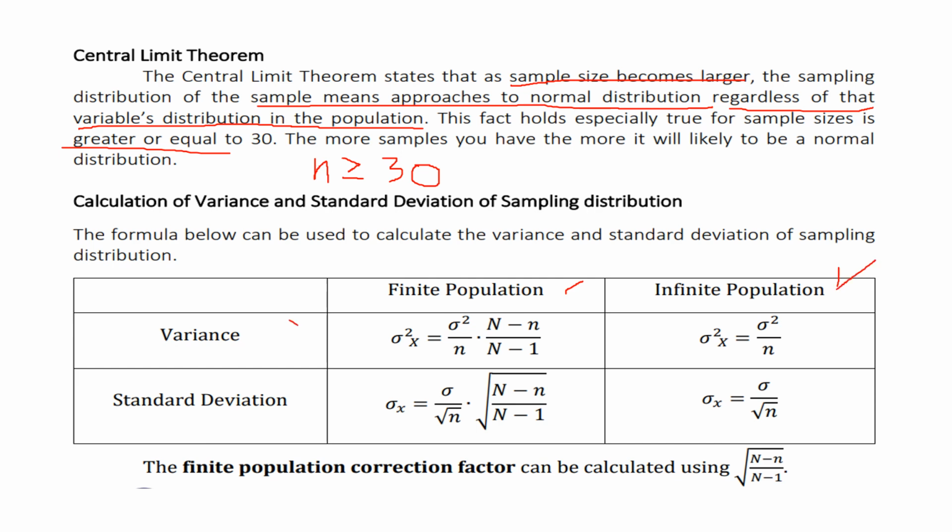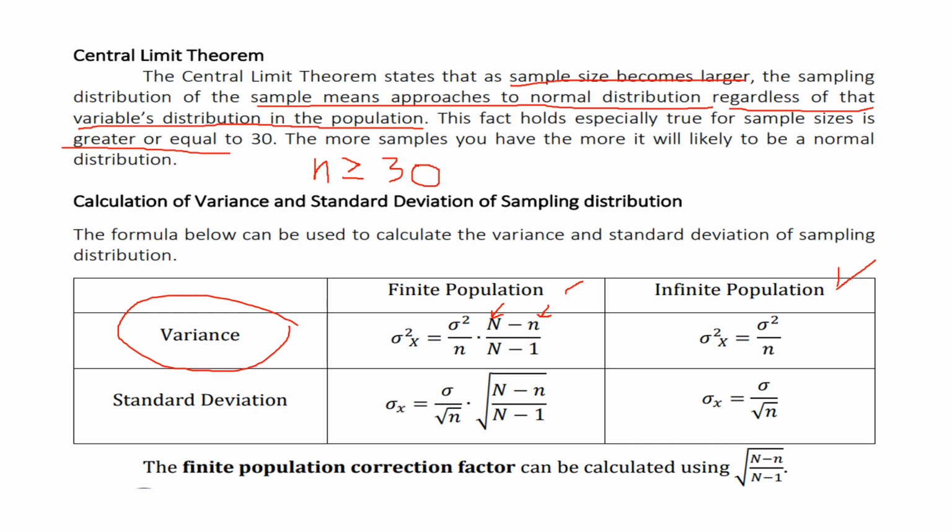Under your variance, for your finite population, sigma square x is equal to sigma square over your sample size multiplied by population minus sample size all over your population minus 1. Your big letter N here is your population and your small letter n here is your sample.